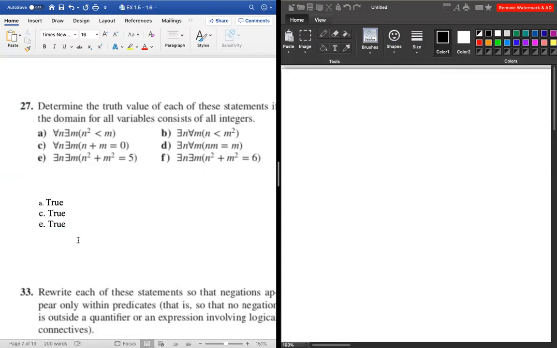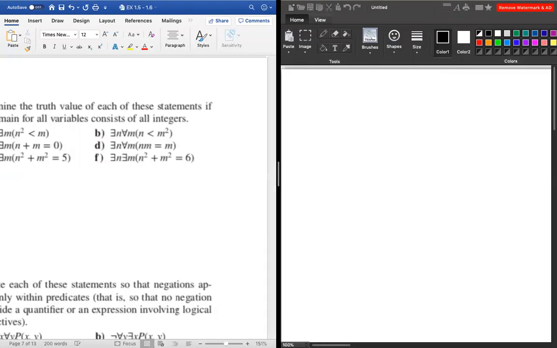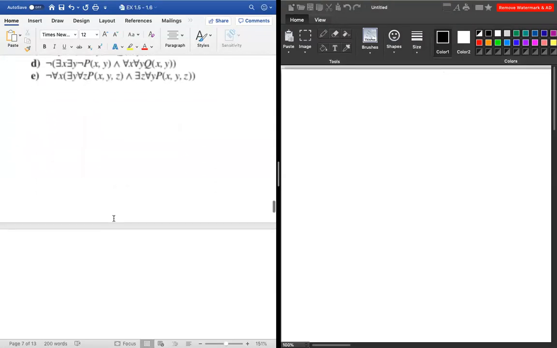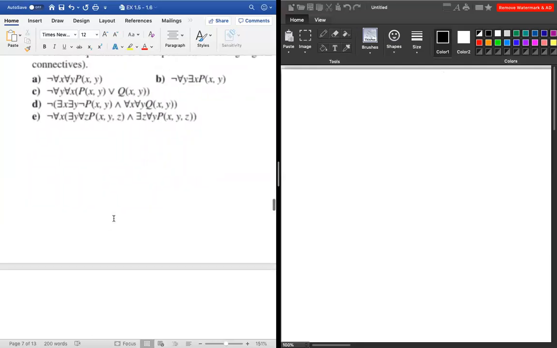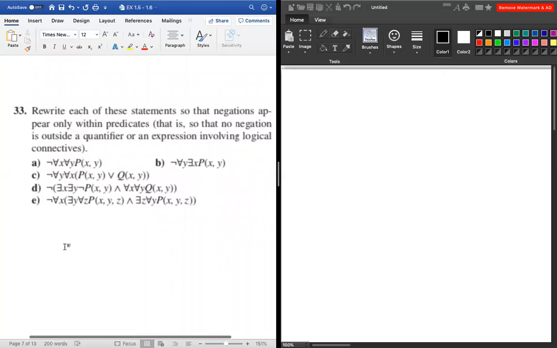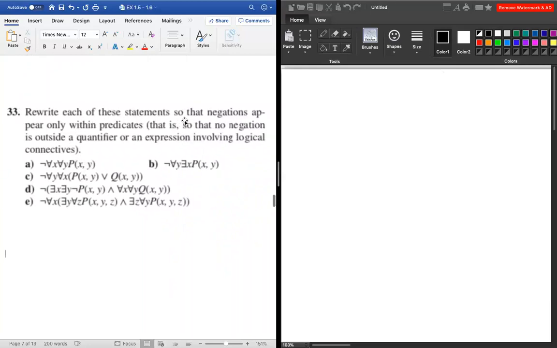Okay, so this was a relatively easy example, not that hard. Let's move to the last question of exercise 1.5. We have to rewrite these statements so that the negation appears only within predicates. That is, no negation is outside a quantifier or an expression involved with logical connectives.